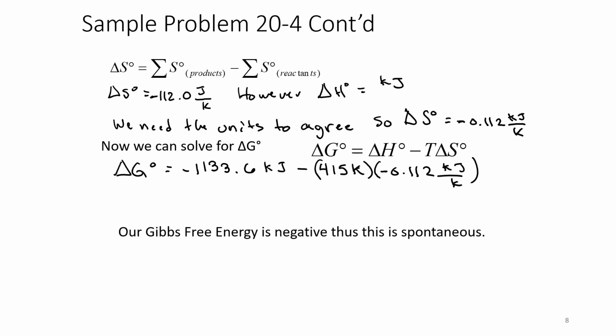If we look at that, we are going to be able to cancel out our Kelvins, and so our Gibbs free energy should be in kilojoules.